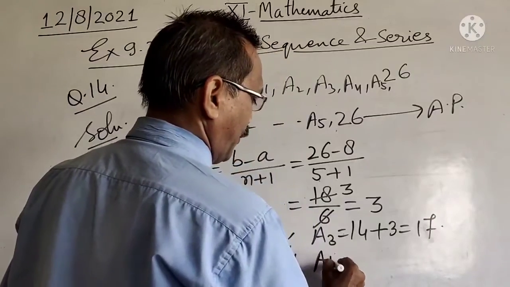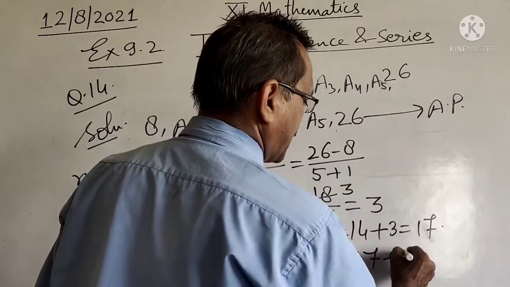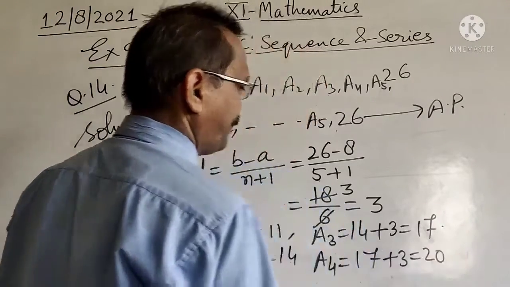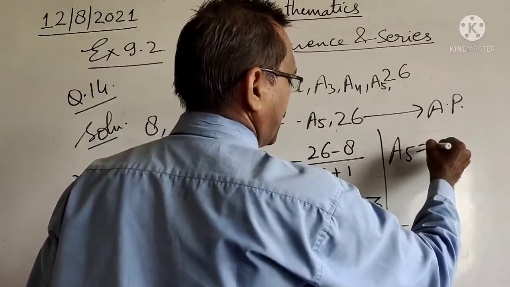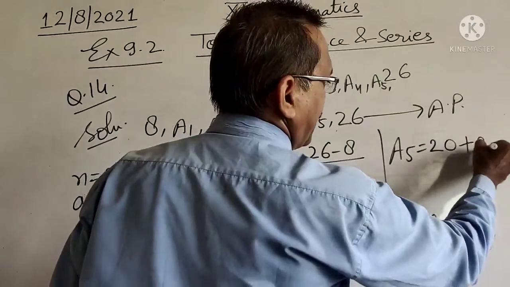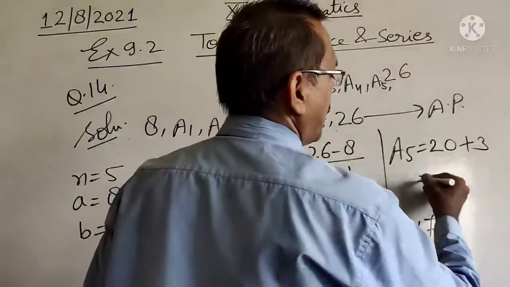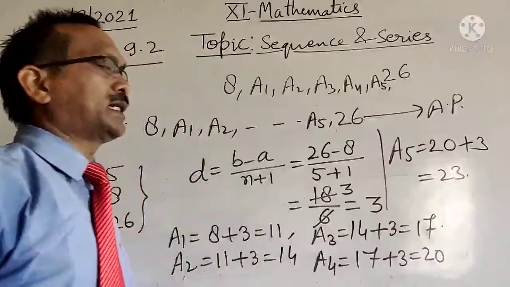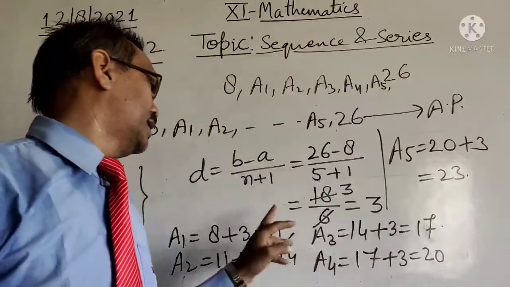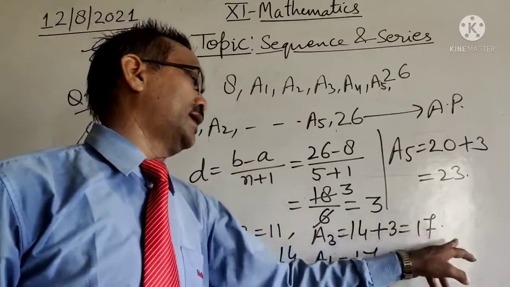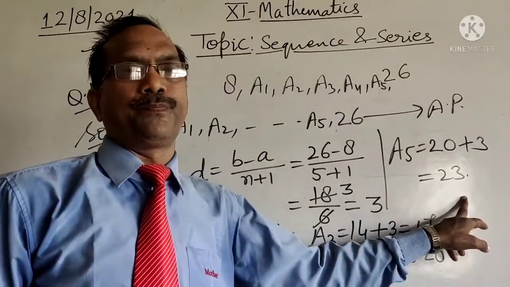Then A4, 17 plus 3 is 20. Then A5, it is 20 plus 3, which is 23. And the next term will be 26. Therefore, these are the 5 numbers. They are 11, 14, 17, 20 and 23.